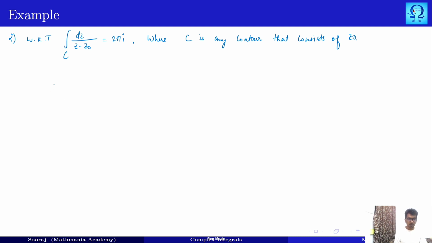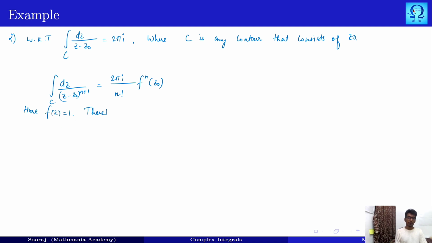With which, can we prove the integral over c of dz upon (z minus z naught) to the power n plus 1 is 0? Yes, of course, it is 2 pi i upon n factorial and the nth derivative of the function at the point z naught. What is the function here? Here f of z is 1.